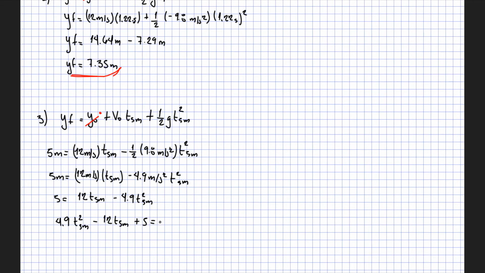Rearranging things here to make it look like a quadratic expression, we have this. To solve this, we'll use the quadratic formula, which goes like this.